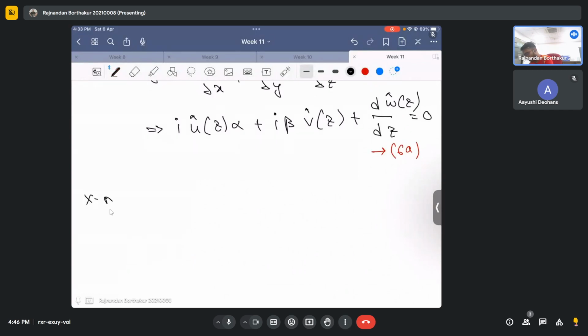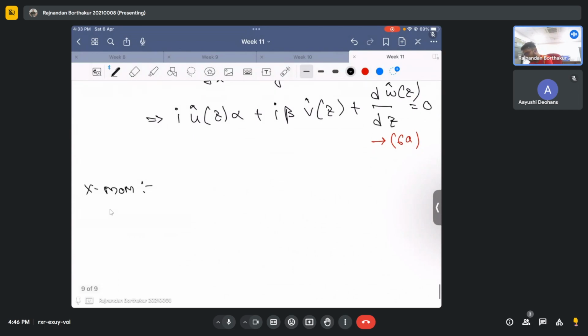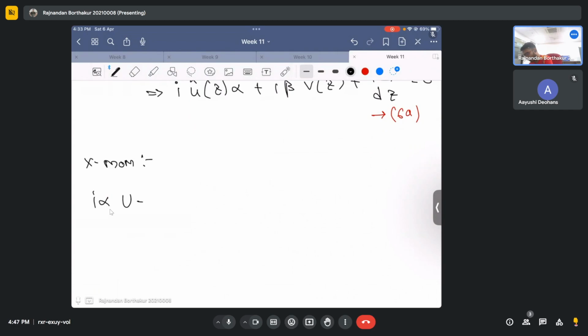Similarly, the x momentum equation, if you just substitute the form of the normal modes, you can just do it yourself and see. You will just end up getting something like this.